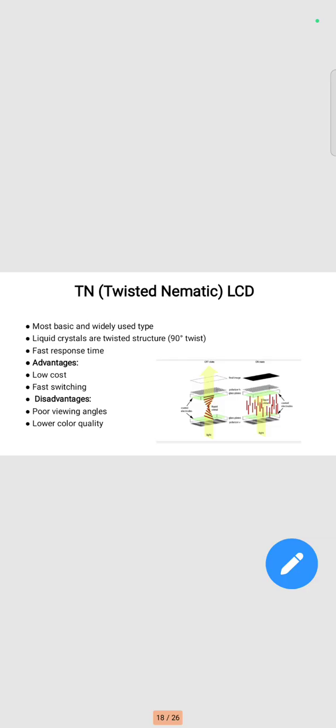It has a fast response time. The advantages are low cost and fast switching. It has disadvantages also because the viewing angles are very poor, and the color quality is also lower. This is twisted nematic LCD, right?